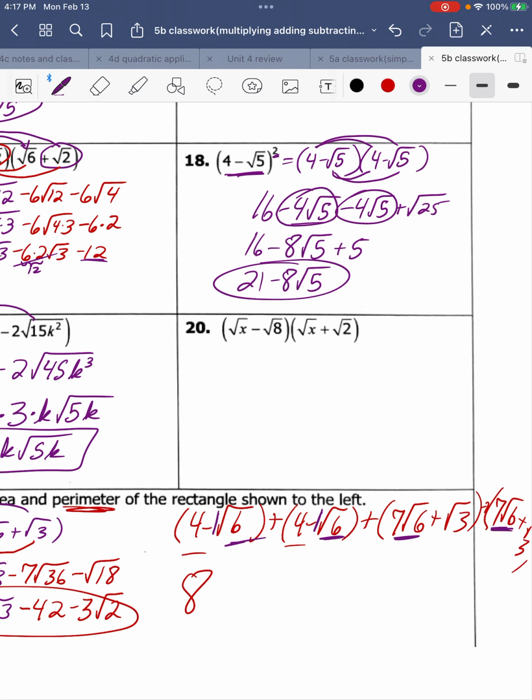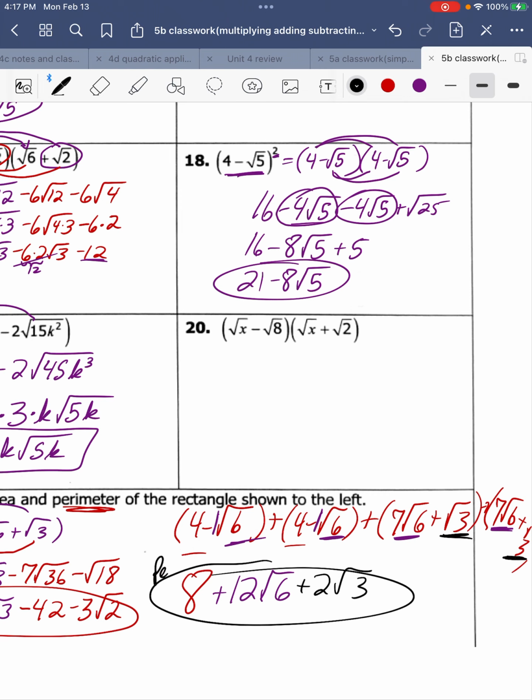So that's 5 square roots of 6 plus 7 more is 12 square roots of 6. What else do we have? We have the square roots of 3. I have 1 square root of 3 plus another square root of 3 is 2 square roots of 3. After I add those, is there anything I can put together? Nope, no like terms. That's my final answer. So this is the perimeter.